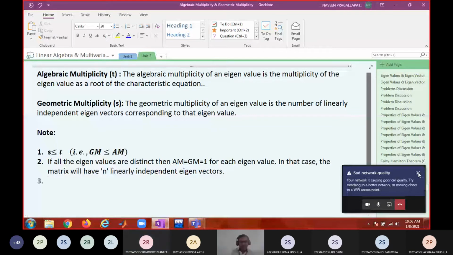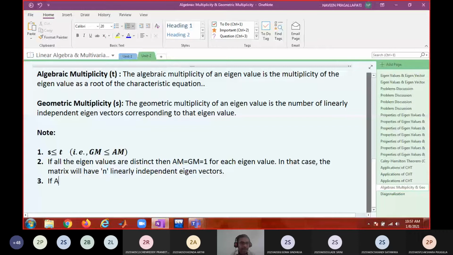Right. So when all the eigenvalues are distinct, then algebraic multiplicity equals geometric multiplicity for each eigenvalue. Therefore, there will be n linearly independent eigenvectors. And what is the next one? If AM equals GM for each eigenvalue, then the matrix will have n linearly independent eigenvectors.